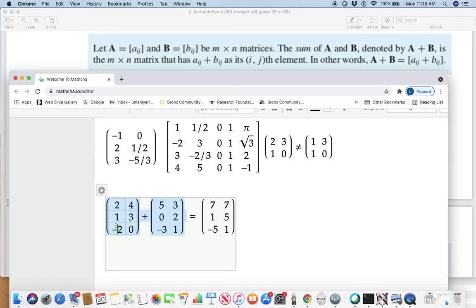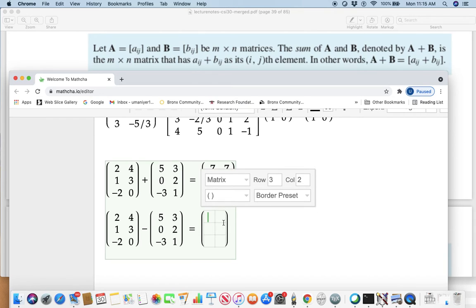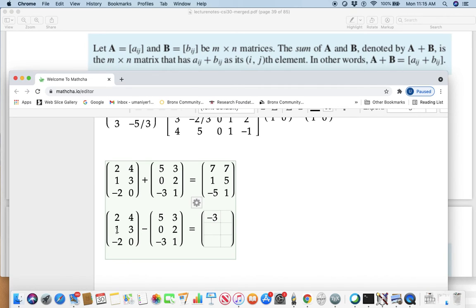So let's subtract two matrices. Instead of addition, let me subtract these two matrices. How do I subtract? Well, it will be a matrix of the same size. Now I'm subtracting. 2 minus 5 is negative 3. 1 minus 0, 1.